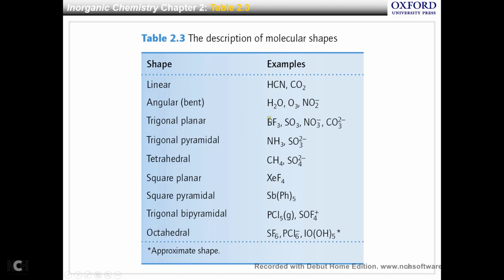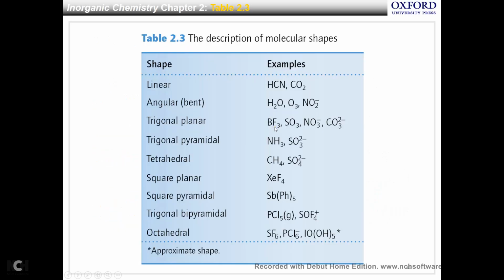Trigonal planar, BF3, we talked about this. Boron is surrounded by only 6 valence electrons. Over here, sulfur forms 3 double bonds with the 3 oxygen atoms. Ammonia is trigonal pyramidal because nitrogen is surrounded by 4 electron groups, including 3 bonds and then 1 lone pair.